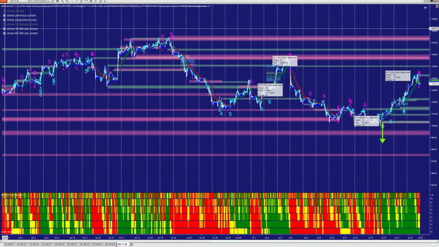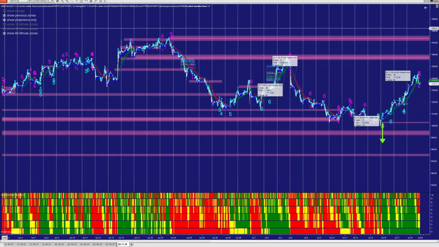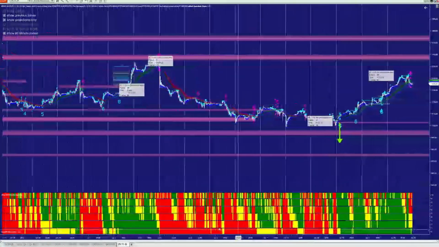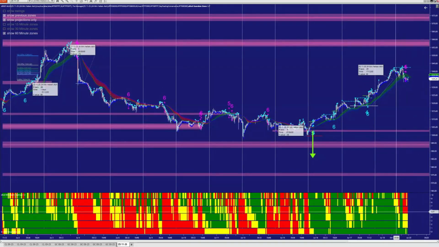If I just click on 30, you'll see the 30 being added and then the 15-minute there. So we actually decided that the 60-minute on this 24-minute Heikin-Ashi time frame is the best for the purpose of this short-term swing trading. So it defines that operational landscape on the 60 minutes for those support and resistance zones.